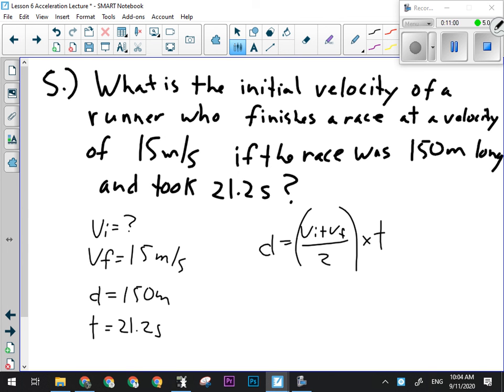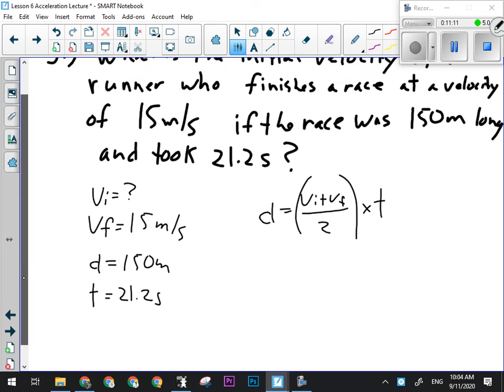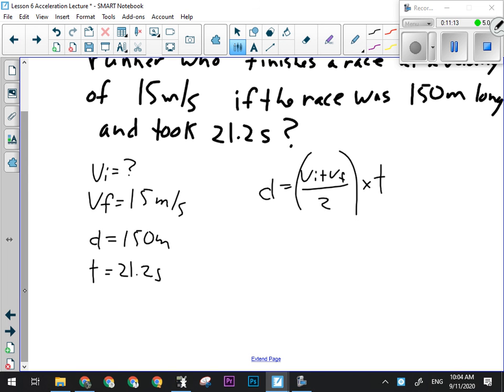I didn't mention that in this question, which probably made it a little tougher for you to pick this one out. So this is the formula we have to use, though. It's the only one that has what we have and what we're looking for in it. Could you have done it in 2 steps? Yeah, you could have calculated acceleration using these 3 things and then gone back to find VI using any one of the other formulas. But this will find it in 1 step.